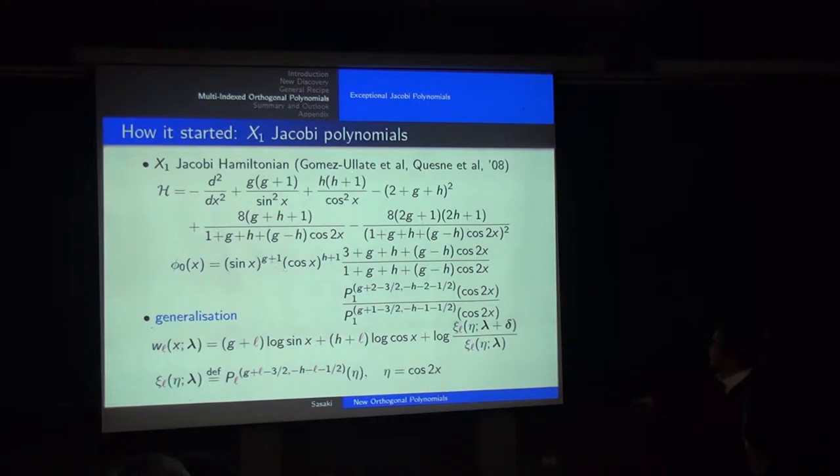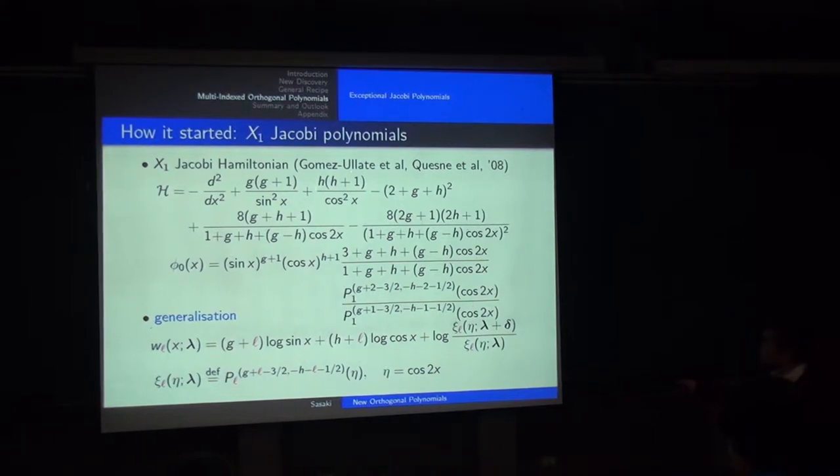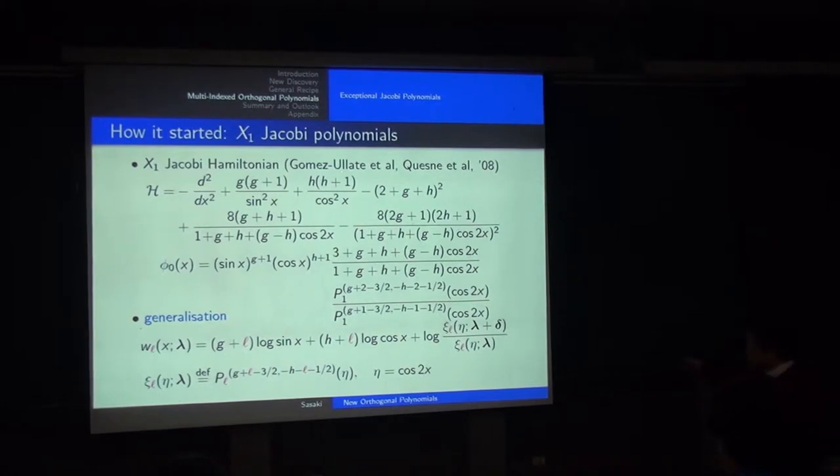So instead of g plus 1, you make it g plus L and h plus L, and here instead of g plus 1, you make it the Jacobi polynomial with g plus L and h minus L. So you just introduce a certain singular potential depending on this cosine.